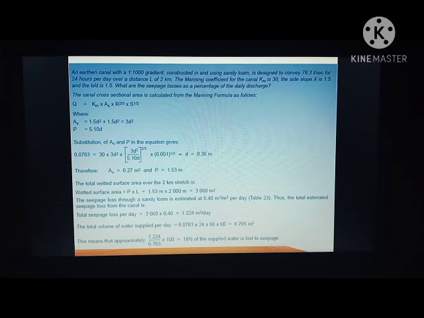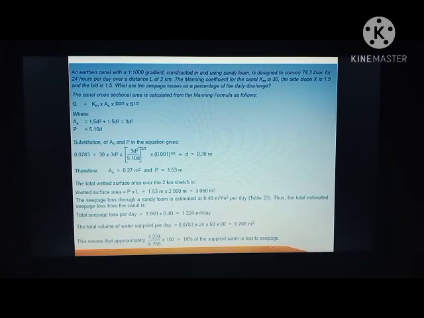In the solution, the canal cross-sectional area is calculated by the Manning formula as follows, where Q is equal to Km multiplied by AS multiplied by R raised to 2/3 and S raised to 1/2, where AS is equal to 1.5 D squared plus 1.5 D squared, which is equal to 3 D squared, and the perimeter is equal to 5.10 D. Substitution of AS and P in the equation gives 0.0783 equals 30 multiplied by 3D squared multiplied by the quantity of 3D squared over 5.10 D raised to 2/3 multiplied by 0.001 raised to 1/2.